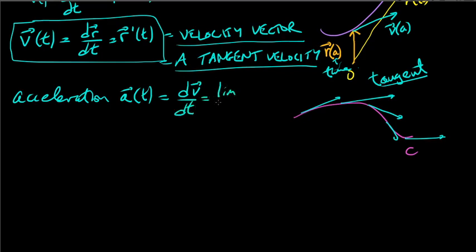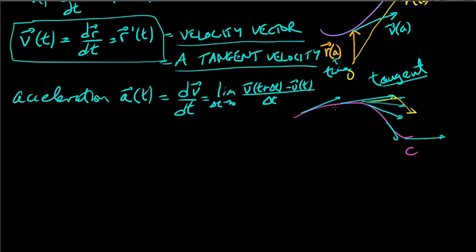So officially, of course, you just take the limit as delta t goes to 0 of v of t plus delta t minus v of t, all divided by delta t. And so what happens here is that as you get closer and closer, these velocity vectors get closer and closer. So the difference between them obviously gets smaller, but it might point in, let's say, this direction here.